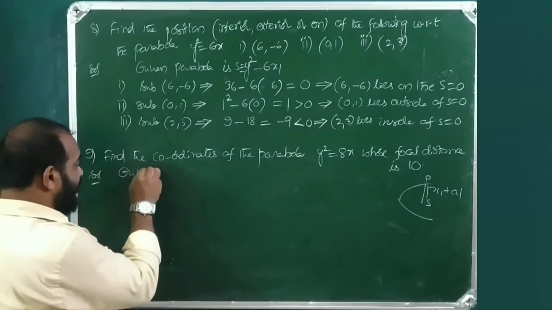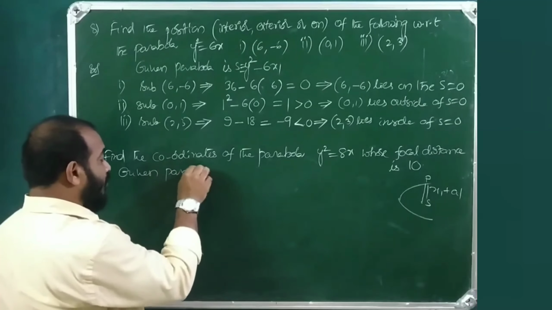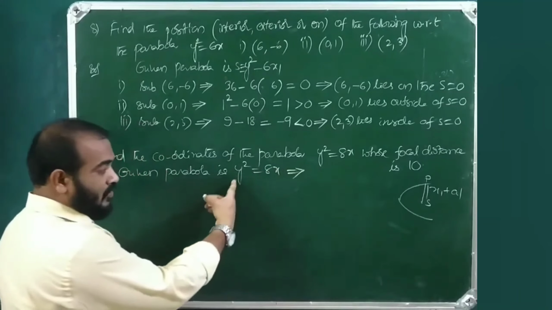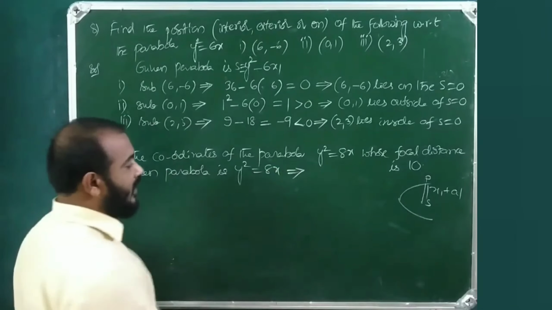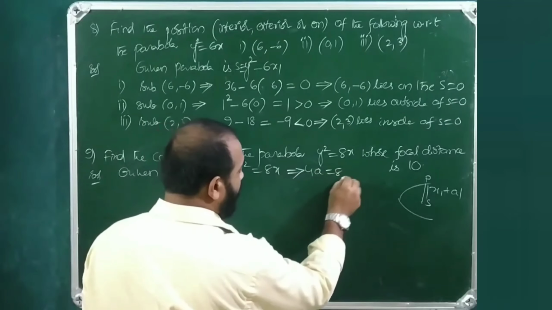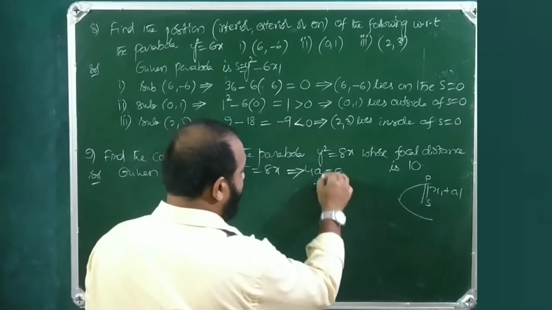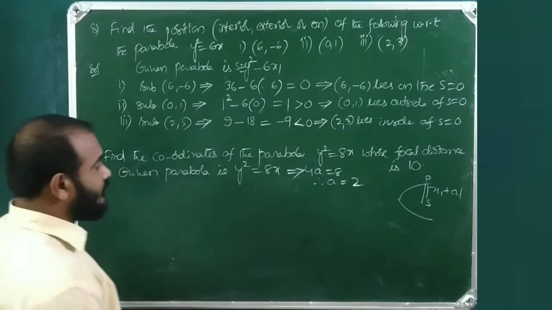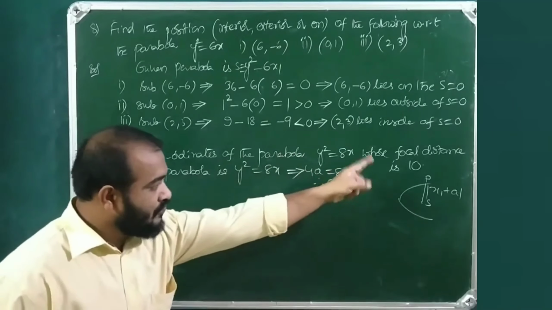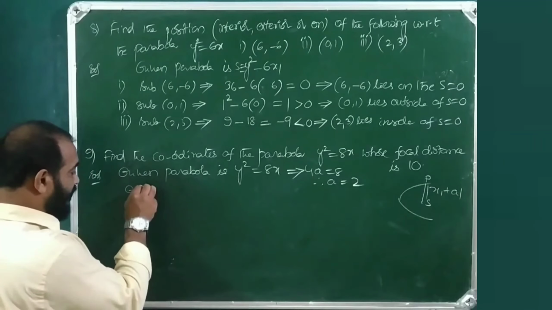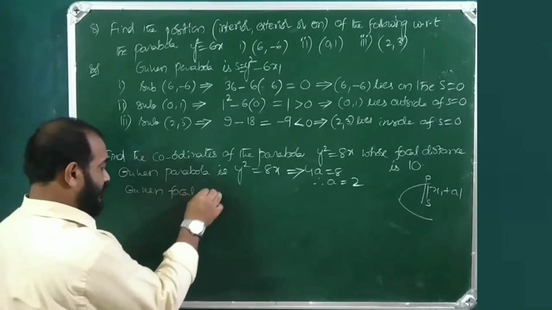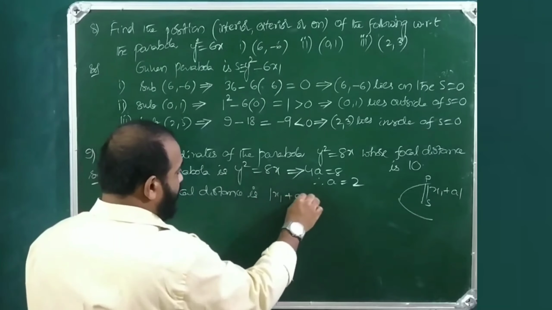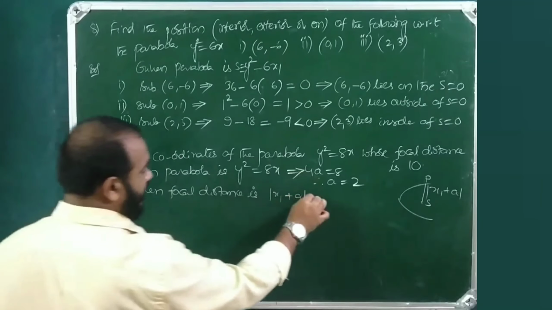Given parabola is y square equals to 8x. If you compare this with y square equals to 4ax, so 4a equals to 8. Therefore, a is equals to 8 by 4, which is 2. So now, the coordinates of the parabola whose focal distance is given: modulus of x1 plus a is equals to 10, given.